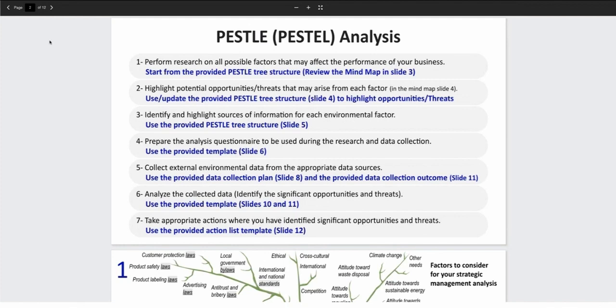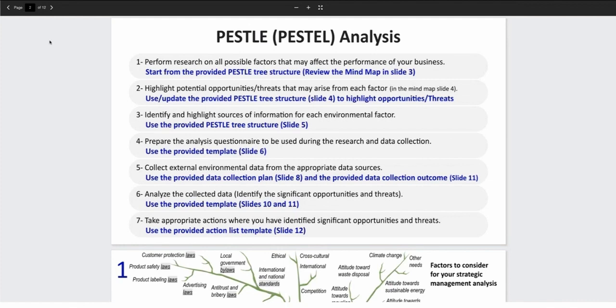In the next slides, I'm going to show you how we look into those different factors, and we are going to use a mind map. Then we will highlight potential opportunities and threats that may arise from each factor, and again, we will use another mind map for that purpose.